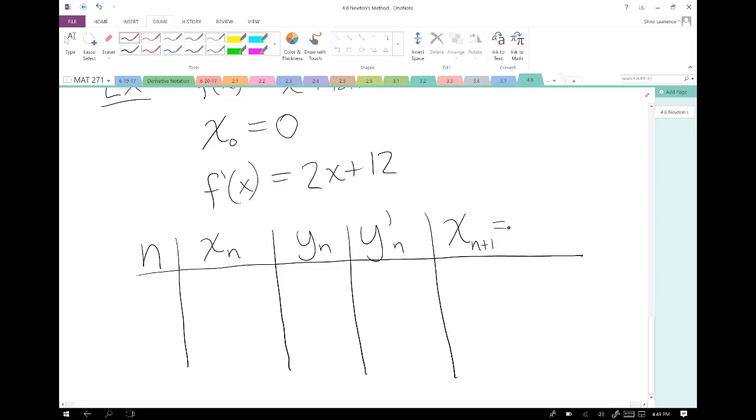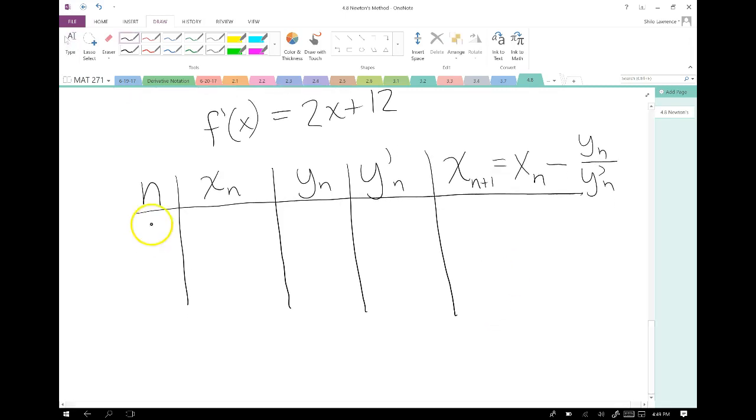And the formula, I'm going to write it down here, because the way that I get my new x value is I take my current x value and subtract y sub n over y prime sub n, which are the values in the 3 previous columns.